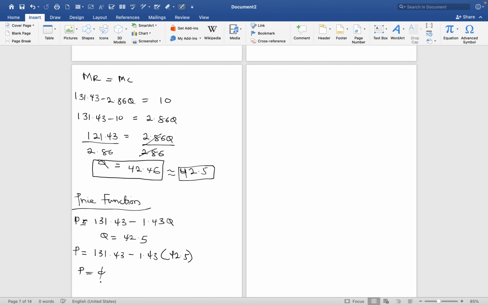So P is equal to 131.43 minus 1.43 times 42.5. So P is 70.7. So this is the price without discrimination, and this is the quantity without discrimination.